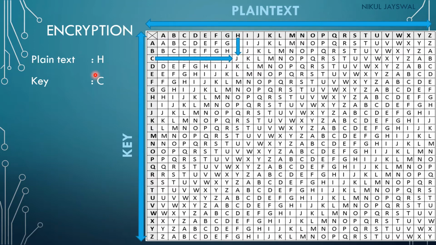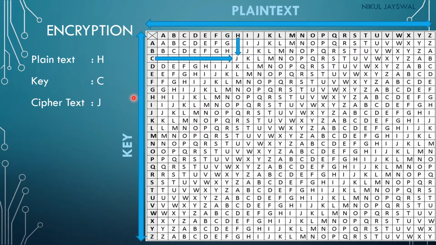So for the encryption, first we will take the plain text character, it is H. We will take the key, it is C, and the intersection of H and C in the table will serve as the ciphertext. So for the plain text H, the ciphertext will be J. So with the help of the key, we can identify the ciphertext.